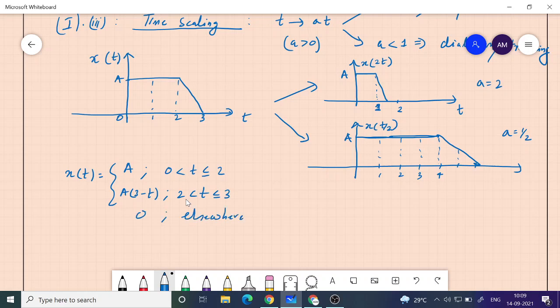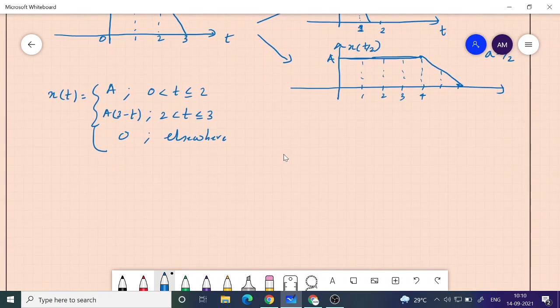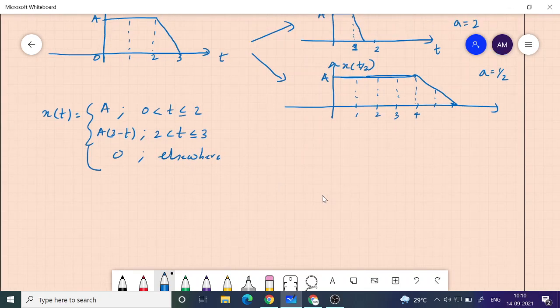This is not just for this particular signal. You can take any signal and follow this procedure. You will get the transformed signal expression systematically.